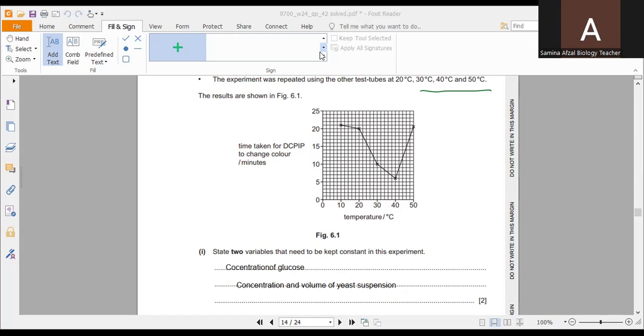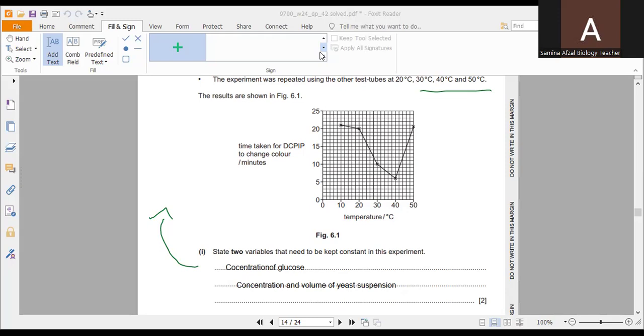The optimal temperature is 40 degrees, so there should be a range of temperature from 20 to 50 degrees centigrade. We have to keep the concentration of glucose constant at every temperature, so we can find out the difference between the results of these experiments.